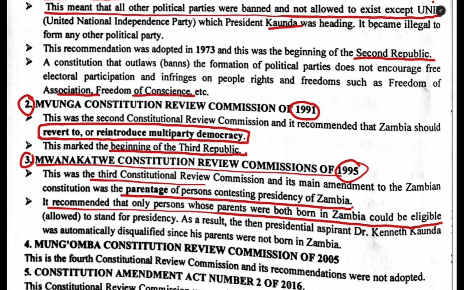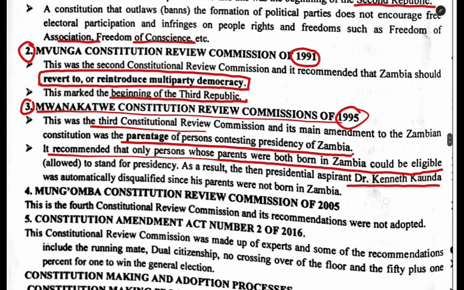So to bar KK from standing as president, the constitution was amended. I mean, the amendment of this constitution was mainly to bar KK, or Kenneth Kaunda, from standing as president, because his parents were not both Zambian. So automatically he was disqualified. So that is what really happened in this Constitution Review Commission.